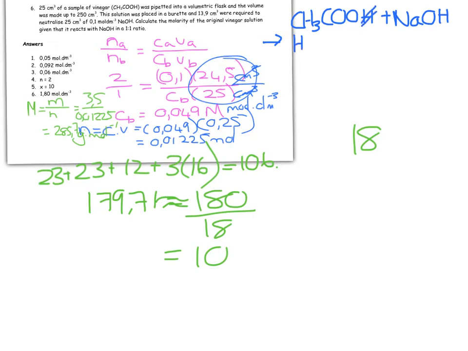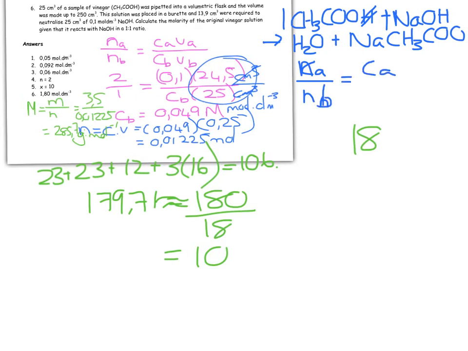So it's going to become water plus sodium acetate. The acetate ion is CH3COO. So that's sodium acetate and water. So it is a 1-to-1 ratio, which is quite good news because that does make my life a little bit easier. Number of moles of acid, number of moles of base is equal to concentration of acid, volume of acid, concentration of base, volume of base.